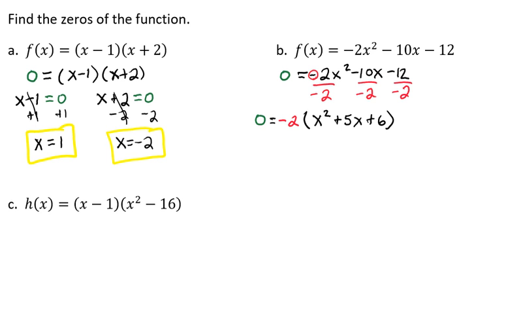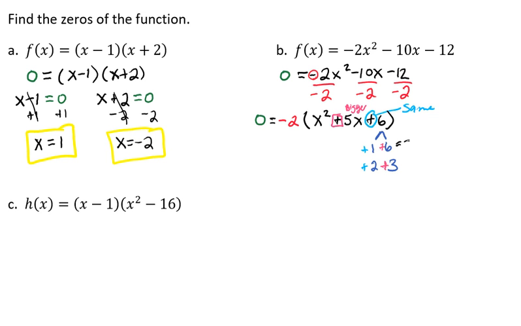Then from here, I will factor my inside pieces. So I'm looking for two numbers that will multiply to 6 but add to 5. I can try the numbers 1 and 6, and 2 and 3. Looking at my numbers, I see that my symbols will be the same and they're both going to be positive.